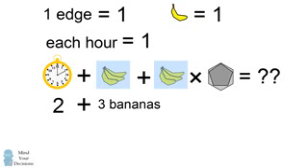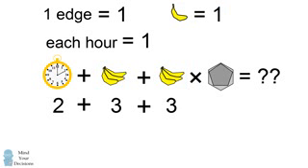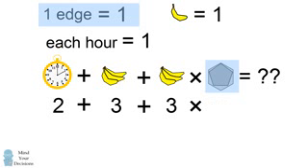Since each banana is equal to 1, we can say each bunch has a value of 3. We finally have a shape, and there are 11 edges in total to this shape. We're missing the square from the previous figure in the earlier equations. Since each edge is equal to 1, 11 edges would be equal to 11.